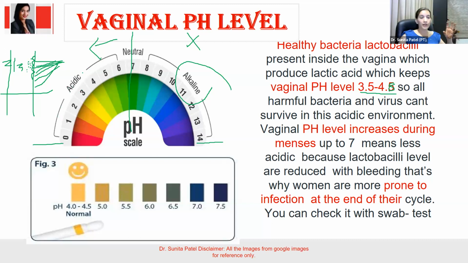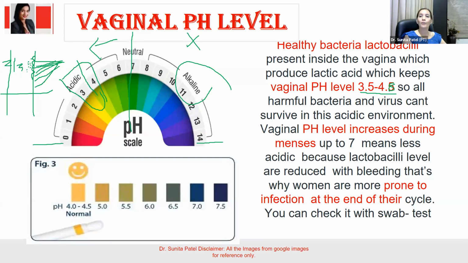We don't want too much acidity, and we don't want too much alkalinity. So our vagina creates a system approximately in the midway, around 3.5 to 4.5. It is somewhere acidic and somewhere alkaline also. It's not too alkaline, not too acidic. It means some bacteria can grow and some cannot.